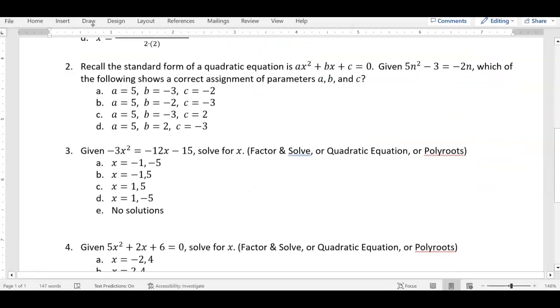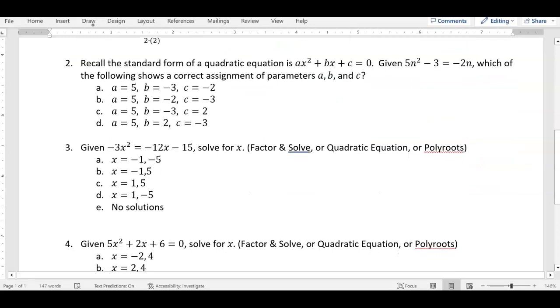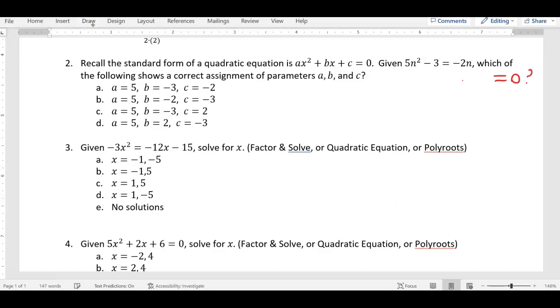All right, number 2. Recall the standard form of a quadratic equation. Given this, which of the following shows a correct assignment of parameters A, B, and C? Now, remember, does it equal 0? And in this case, no. So let's go ahead and write this down over here.